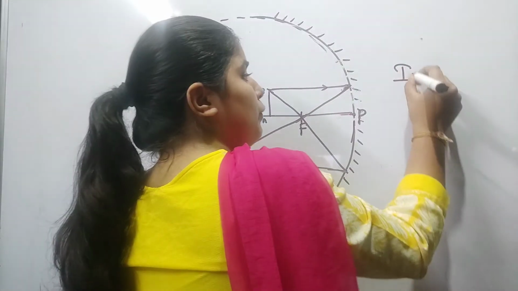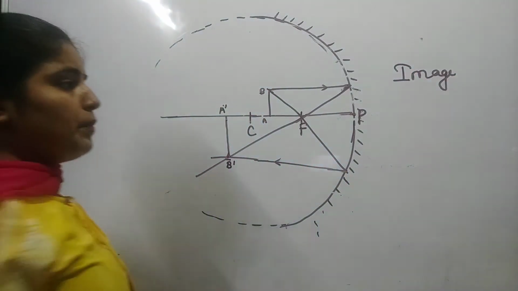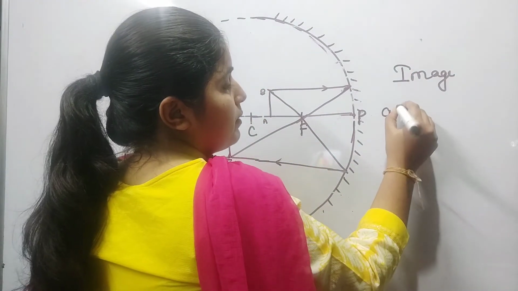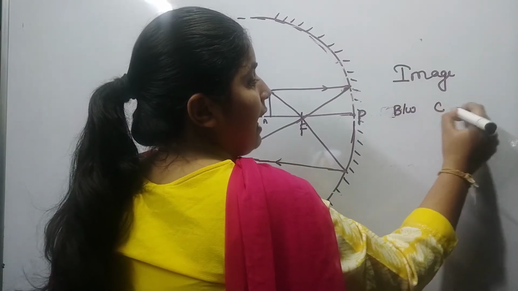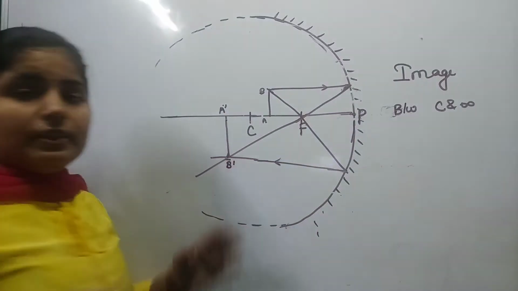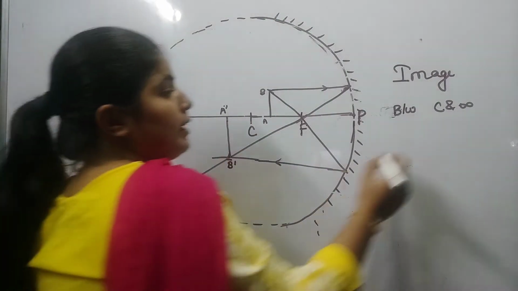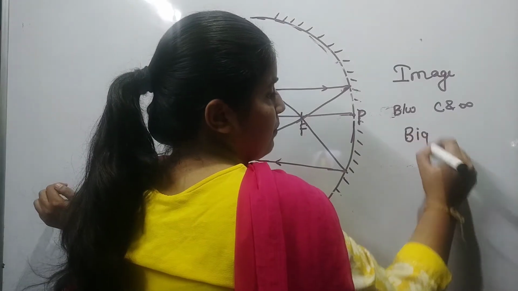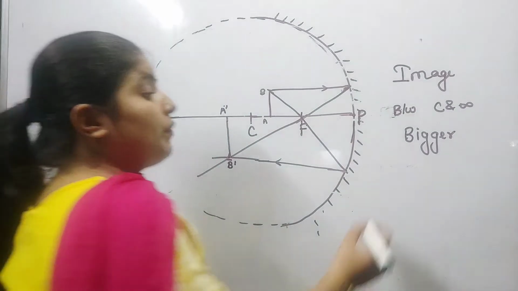So what are the four characteristics of the image? The first, it is between C and infinity, that is, center of curvature and infinity. The second one is, it is bigger in size. The third one is, it is real.